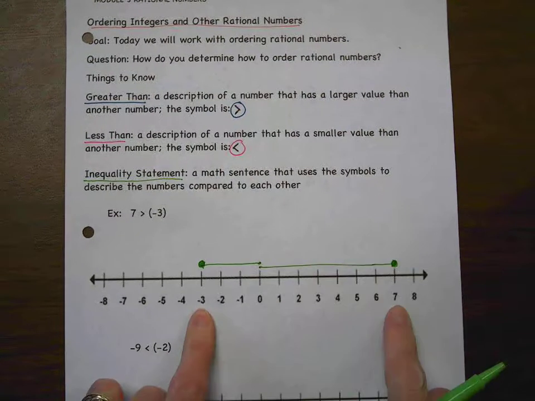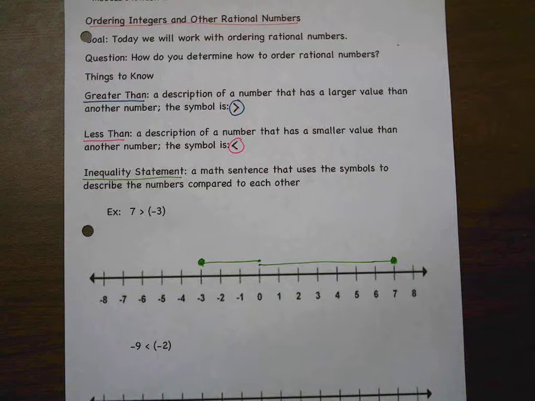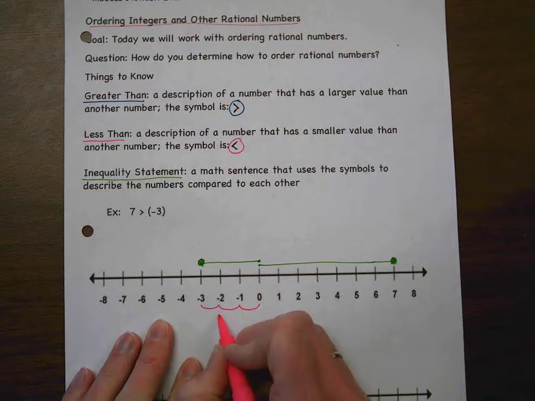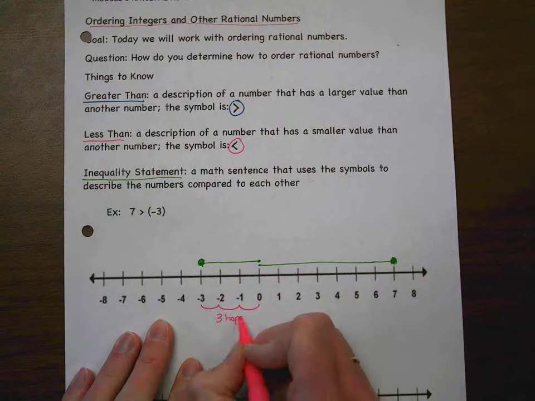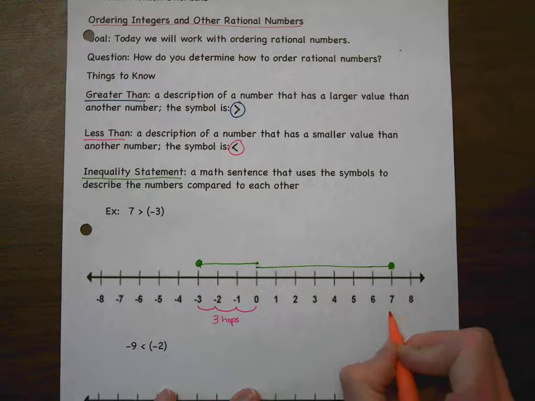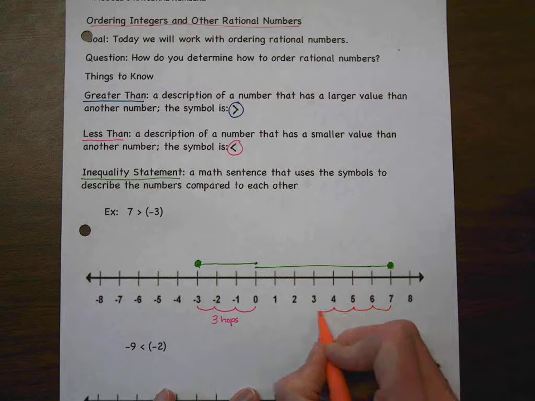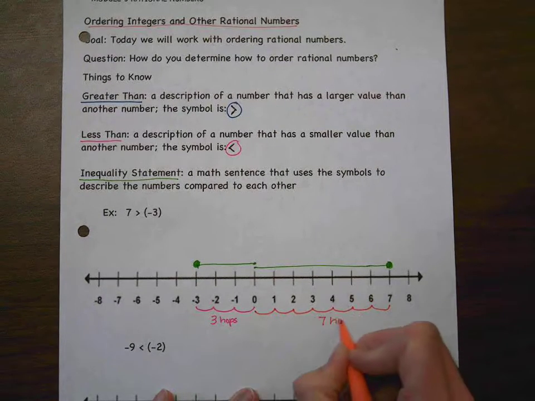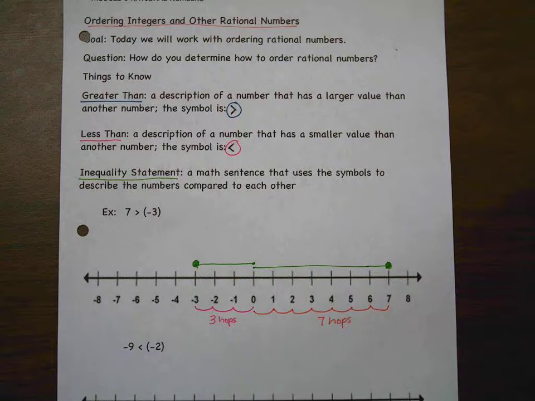And if we look at both of these numbers, remember, we're trying to determine how far away they are from 0. So negative 3 has 1, 2, 3 hops to 0, right? And 7 has 1, 2, 3, 4, 5, 6, 7 hops away from 0.